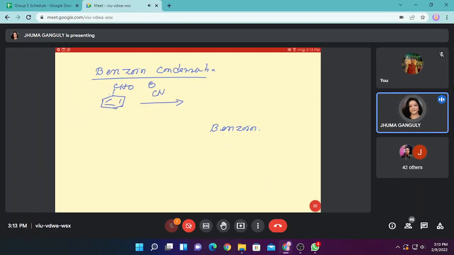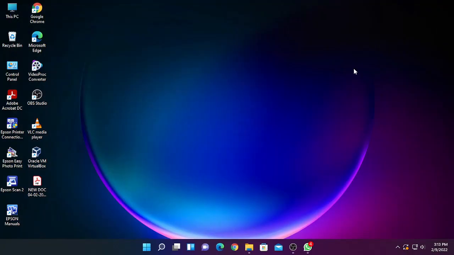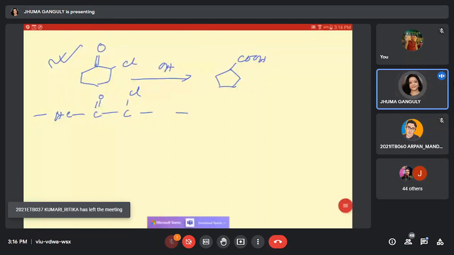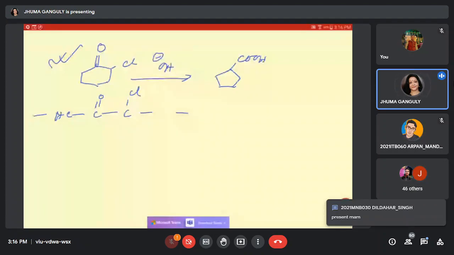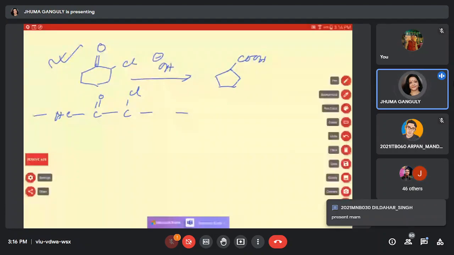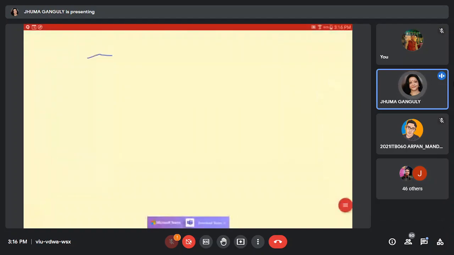CN minus here is the catalyst. Initially it attacks the carbonyl group, and later it comes out again. Hydrogen is abstracted and there is a formation of carbanion, since there is some basic condition with KCN.